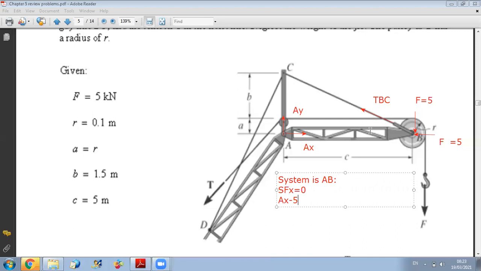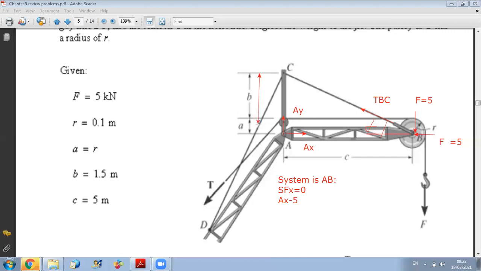I should find this angle here, I will call it alpha. I need this angle to project TBC on x and y. So how to calculate alpha? If you look well in your figures, in this triangle ABC, ABC is a right triangle.